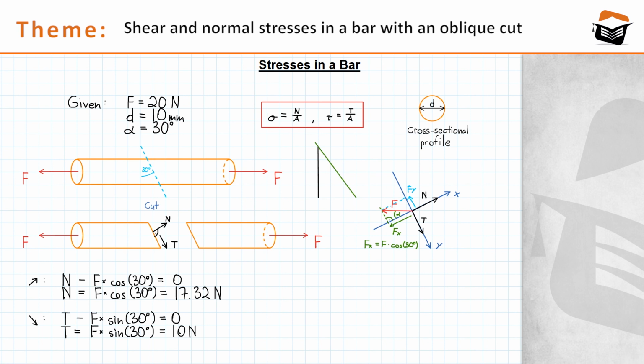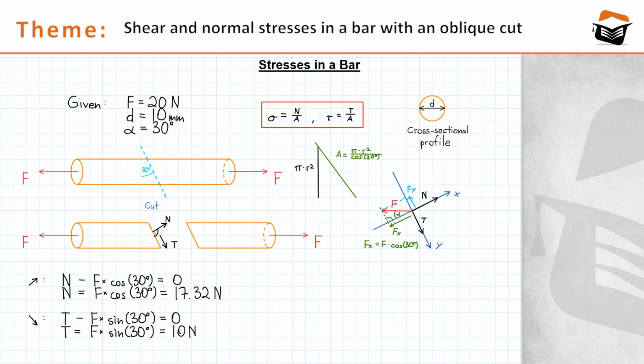So you could think of the vertical cross-sectional area as pi times r squared, and with the oblique cut, the cross-sectional area will have a magnitude of A is equal to pi times r squared divided by cosine of 30 degrees.